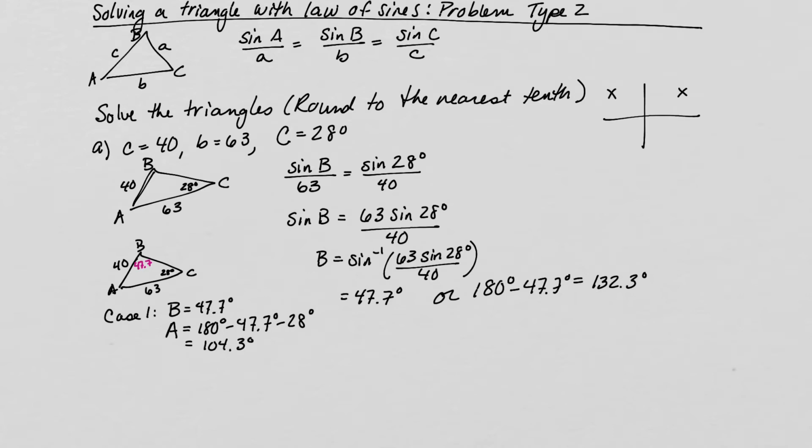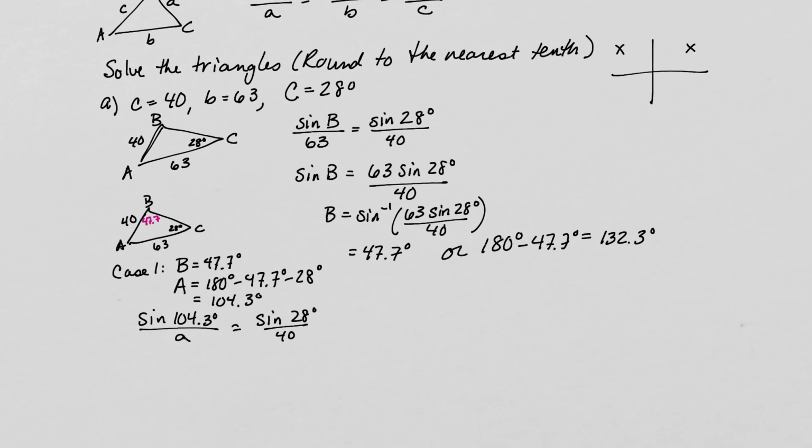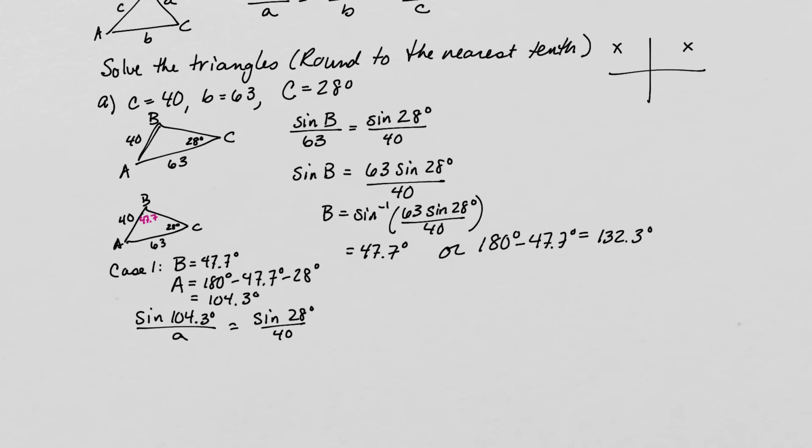Now I can use the law of sines to say that the sine of 104.3 degrees over A is equal to the sine of 28 degrees over 40. I have to use the value we found that is estimated, but that's okay. So A sine 28 degrees is equal to 40 sine 104.3 degrees.